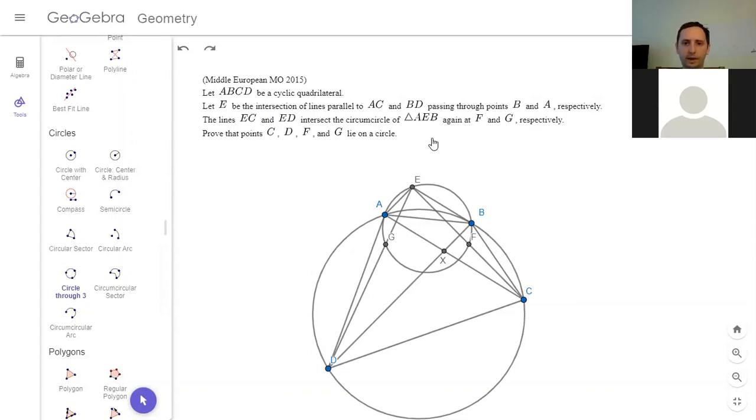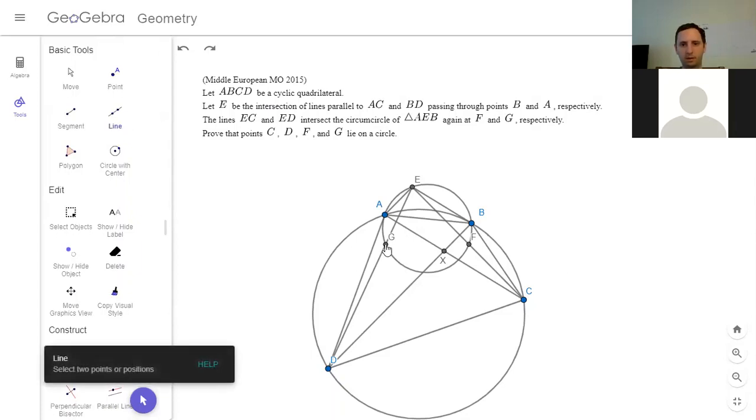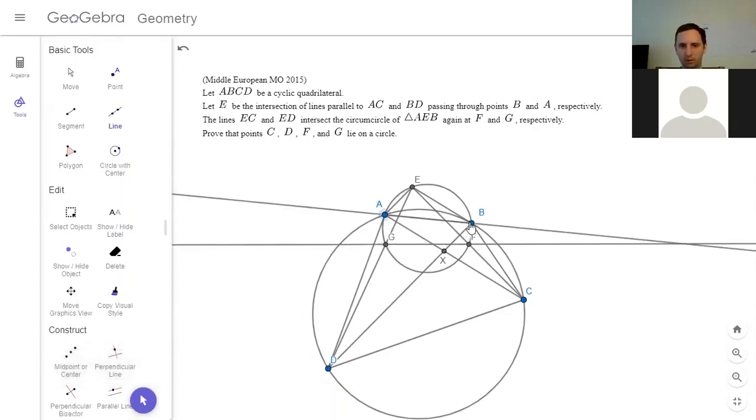Obviously EAXB is a parallelogram. I wonder if we could use the radical axis theorem here. That's the same as saying AB, CD, and FG concur. And then this would be like a Brocard configuration.